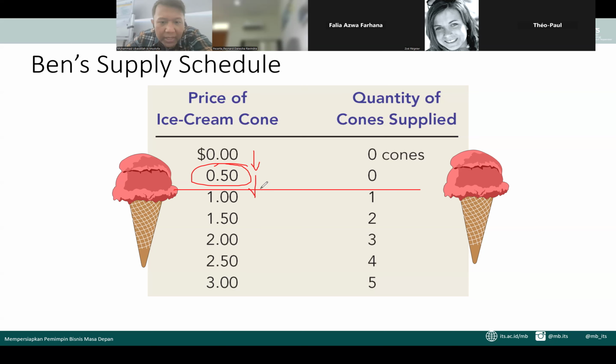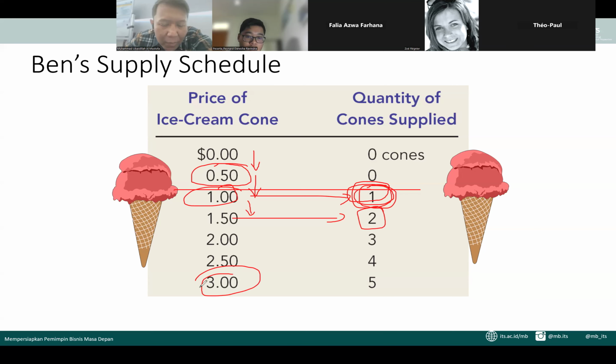Now, let's try to increase again to $1. When we have $1, the quantity supplied is 1 ice cream. So you see that the increase of price will increase the quantity supplied. Let's increase another 50 cents. Look what will happen to the quantity supplied. It will increase to 2.